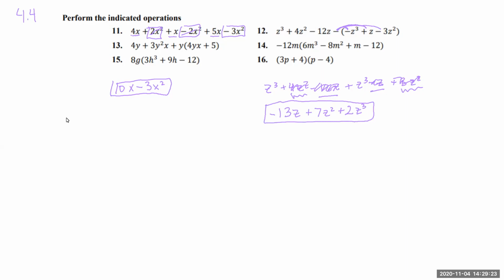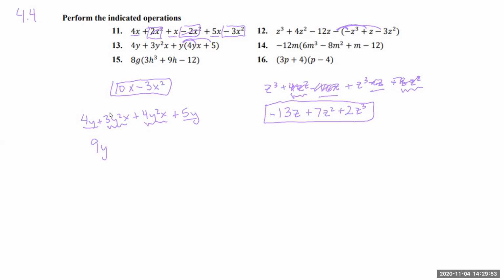Going on to 13, again, we're going to distribute into the parenthesis here. So we have 4y plus 3y squared x, and then we have plus 4y squared x, and then we have plus 5y. Okay, so again, combine what we have. So 4y plus 5y is going to be 9y, and then we have these, which is 3y squared x plus 4y squared x.